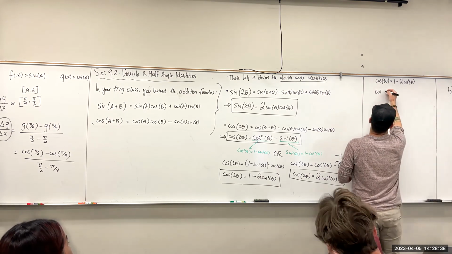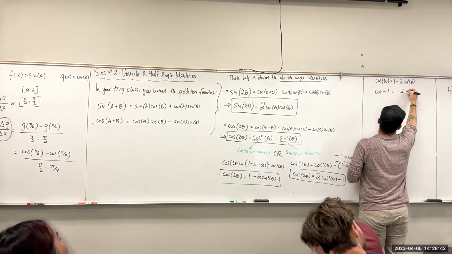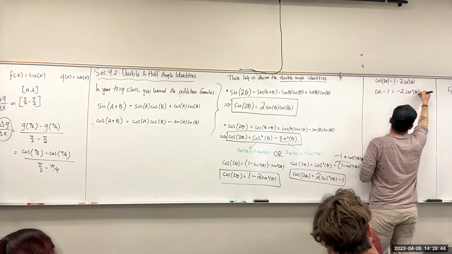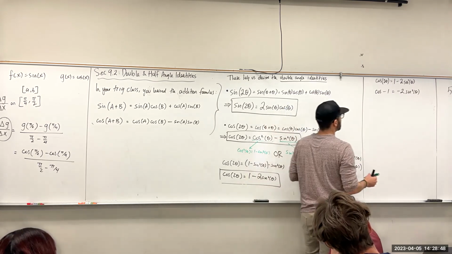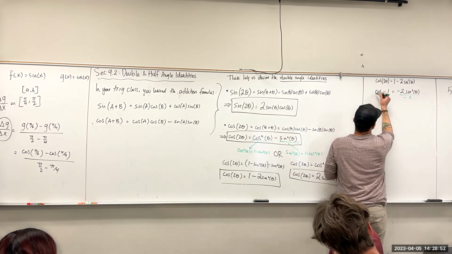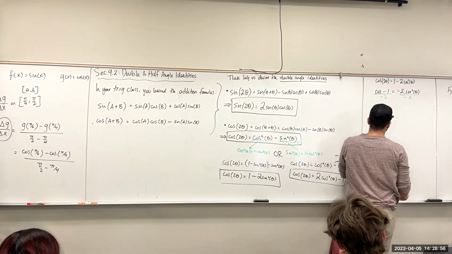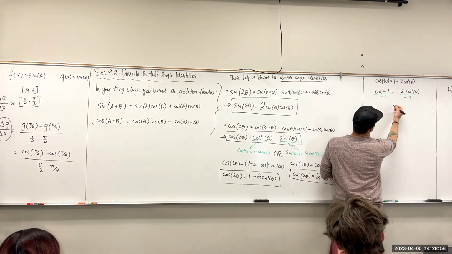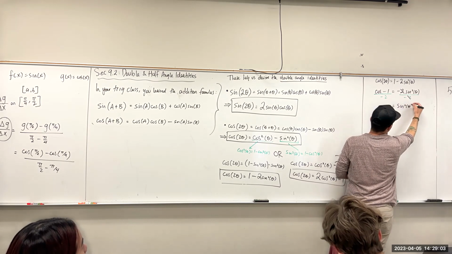Negative 2 sine squared. And then what would you do? Divide by negative 2. And so this goes away, so I get sine squared theta.